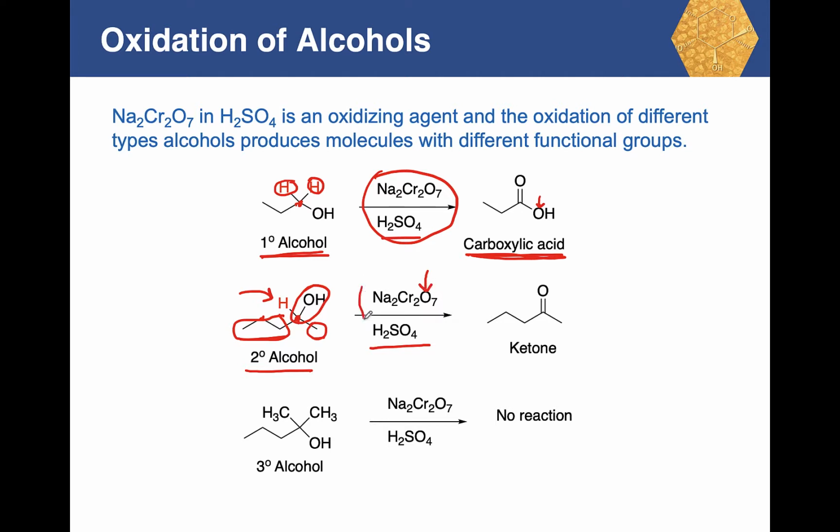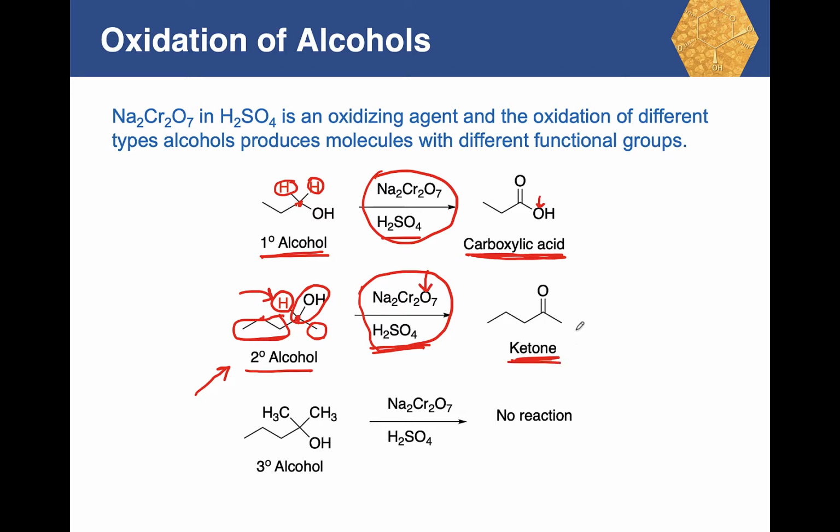But sodium dichromate in sulfuric acid is an oxidizing agent. We have just one hydrogen here, and the product formed is a ketone. So the oxidation of a secondary alcohol in the presence of sodium dichromate and sulfuric acid gives us a ketone.